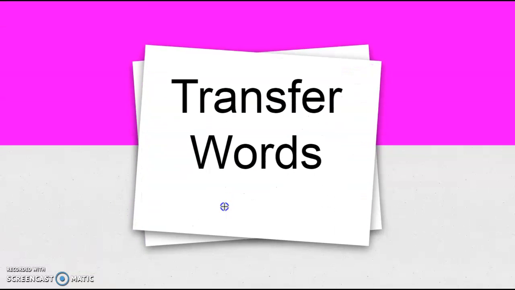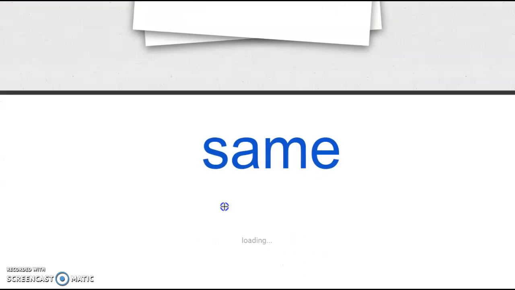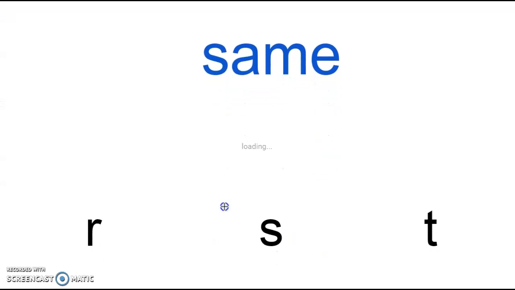Our last section is transfer words. I want you to find the letter that the word begins with. This first word is same. Same. Listening to the beginning of the word same, I hear the sound s.